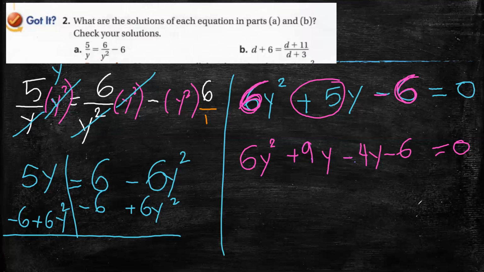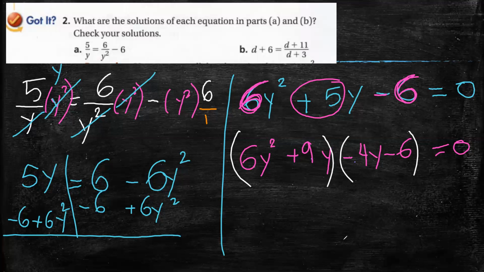Now let's group them. Here you have 6y squared plus 9y. What do you have to do here? Common factor.